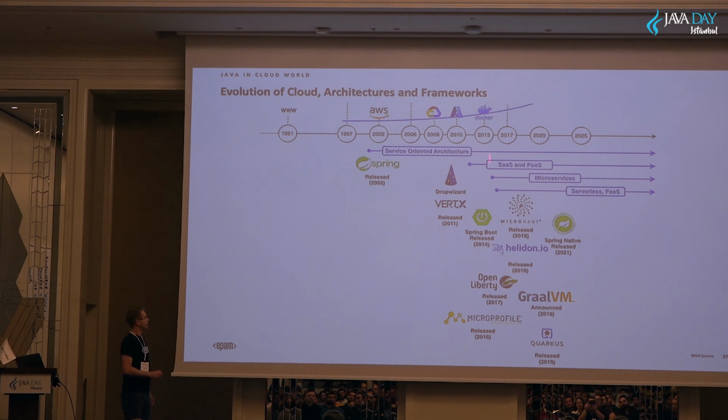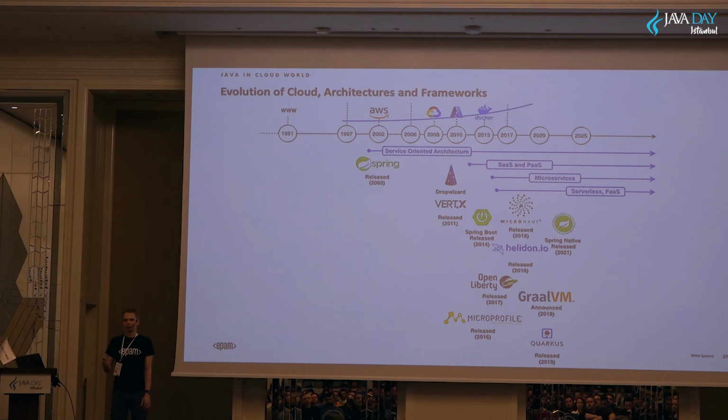And we have all these frameworks, for example Micronaut; at this conference I saw several talks about Quarkus, Liberty, GraalVM, and others. And we created these frameworks to fill the gap, the void of Java in the cloud.